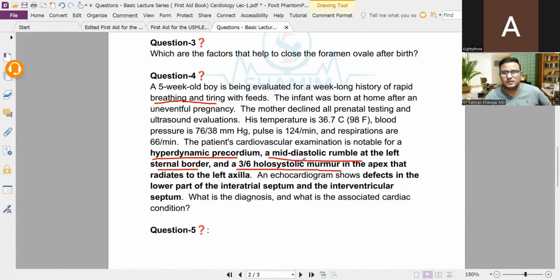It is a grading of the murmur. Holosystolic murmur: we will study what are systolic, what are diastolic, what are holosystolic. Holosystolic murmur at the apex that radiates to the left axilla. Echocardiogram shows defects in the lower part of the interatrial septum and the interventricular septum. So what is the diagnosis and what is the associated condition?